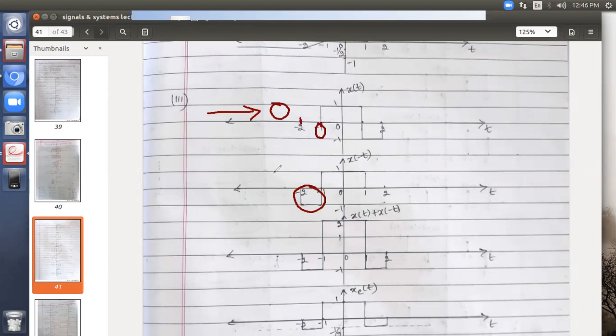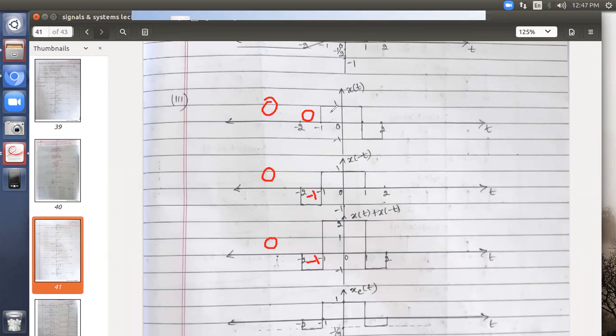So till -2, there is nothing, 0. After -2, here it is 0 and here you have a negative amplitude pulse. So 0 plus minus 1 is the same, minus 1, and it continues.